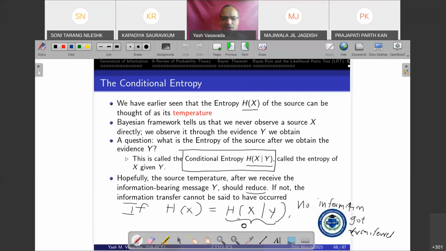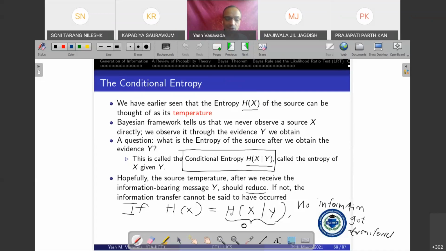And so this conditional entropy cannot be the measure of information transfer, because in the best case it becomes zero. So when intuitively you would say that you're getting the maximum information, this conditional entropy gives you zero. So conditional entropy by itself is not the right parameter to define how much information is getting transferred.